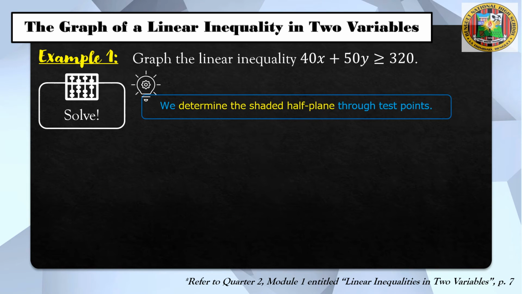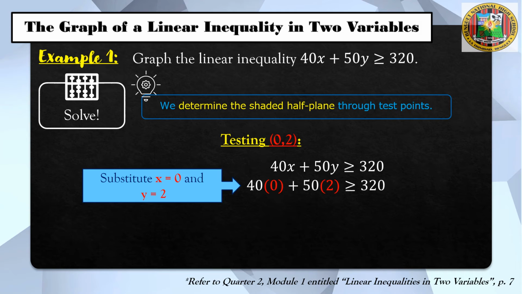Let us first test if (0, 2) is a solution of the inequality. We begin by writing the inequality. Then, we substitute the x and y values of the point to the x and y variables in our inequality.